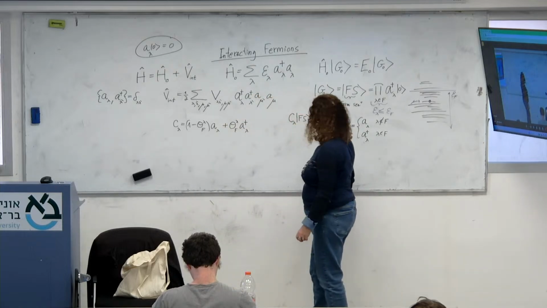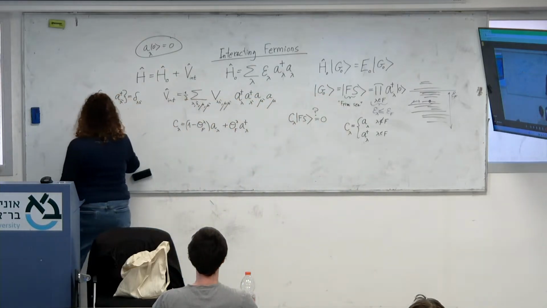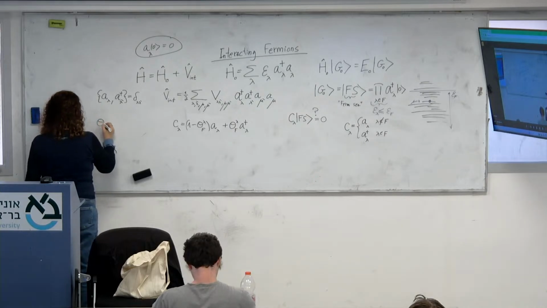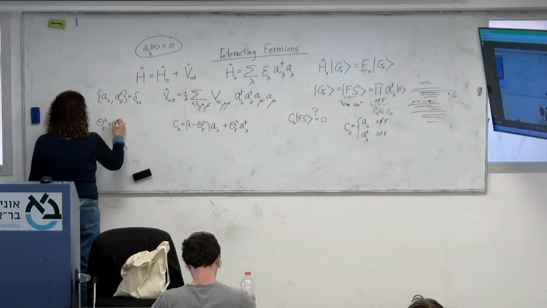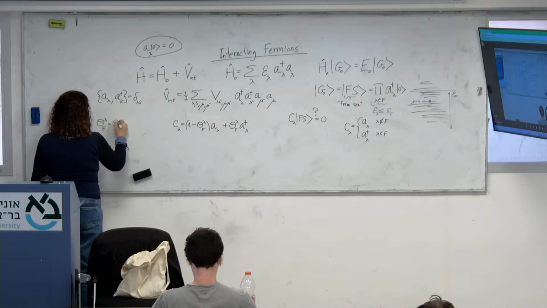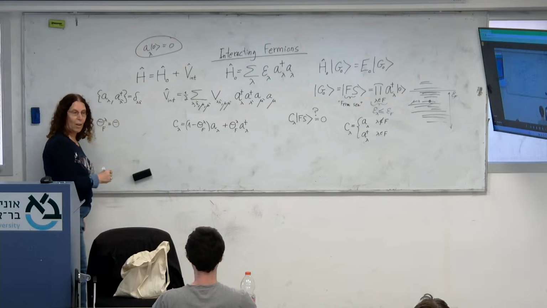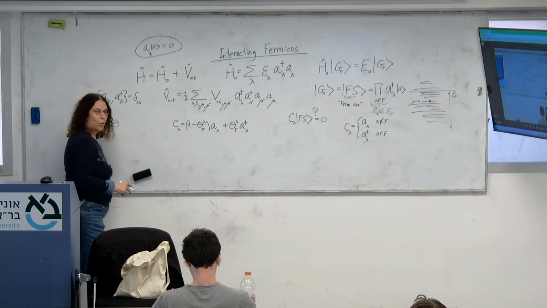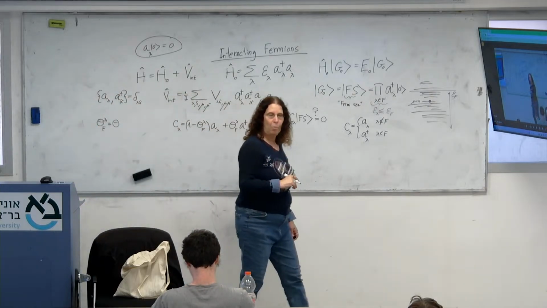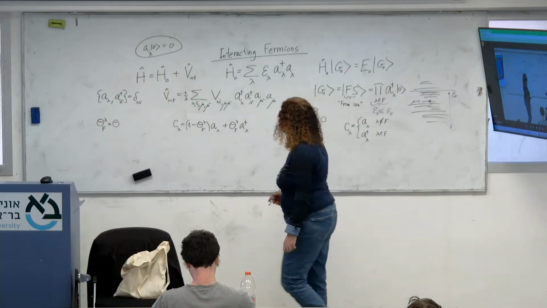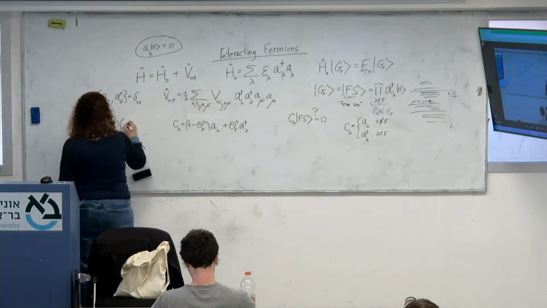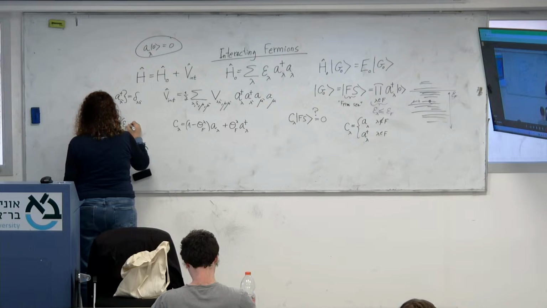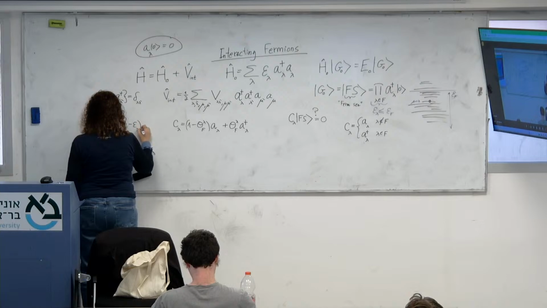Okay? Well, what is this F? So this is a theta function. So F of lambda is defined as the theta, you know the theta function, right? It's the Heaviside, gives you 1 only for positive arguments and 0 otherwise. So it's the theta of epsilon F minus epsilon lambda. Okay?